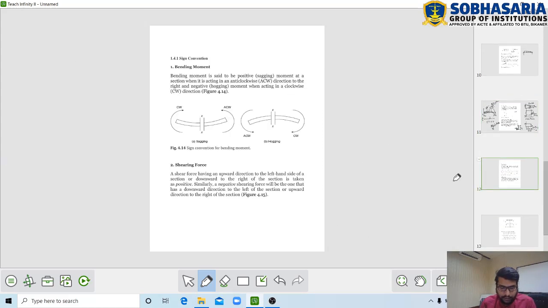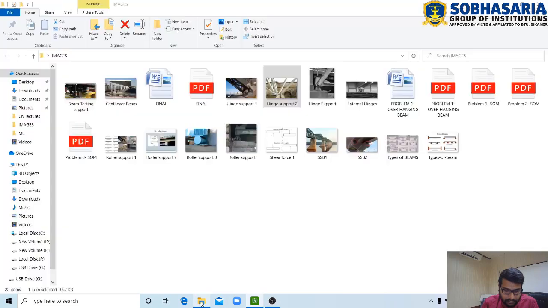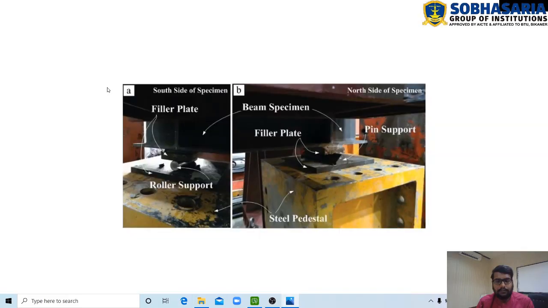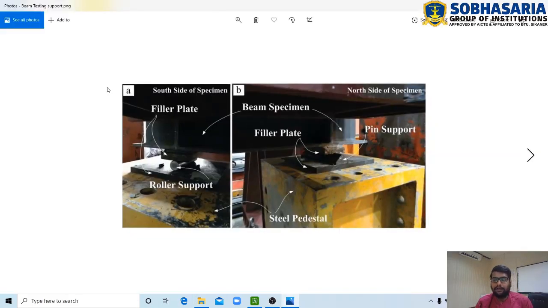Next, I will show you some real world practical examples. Like here, this is a picture of a testing of a beam.